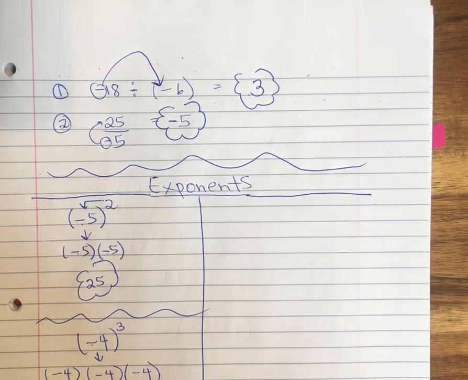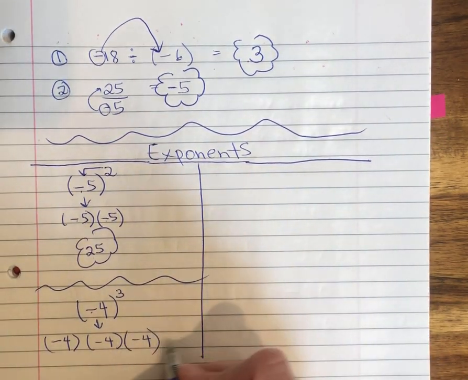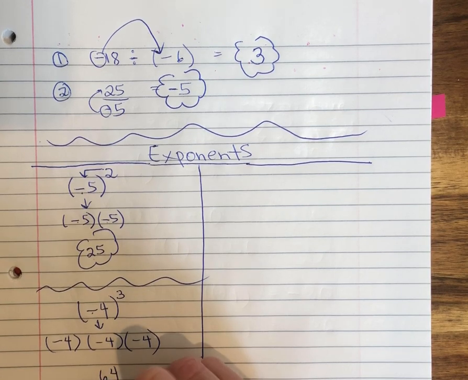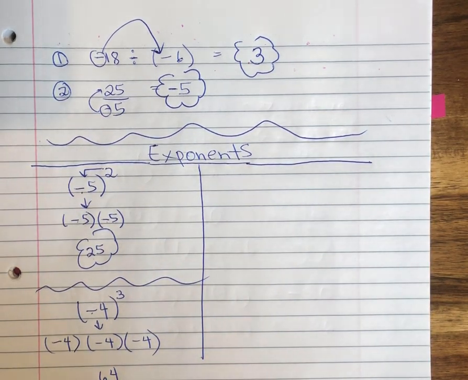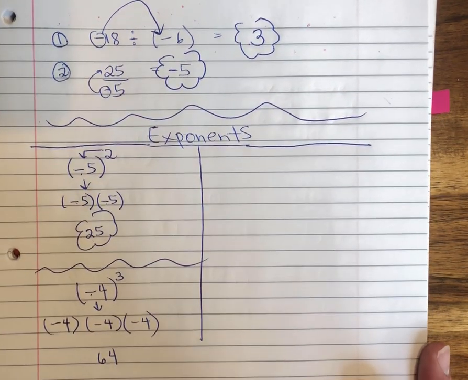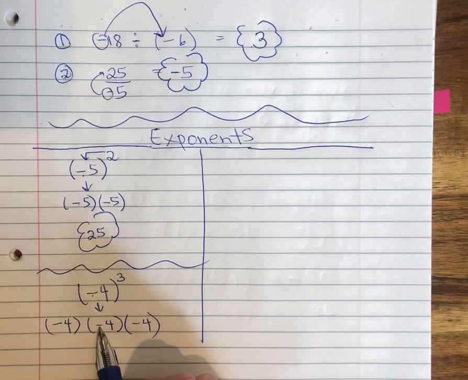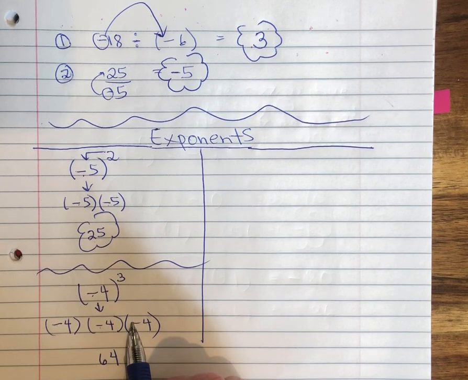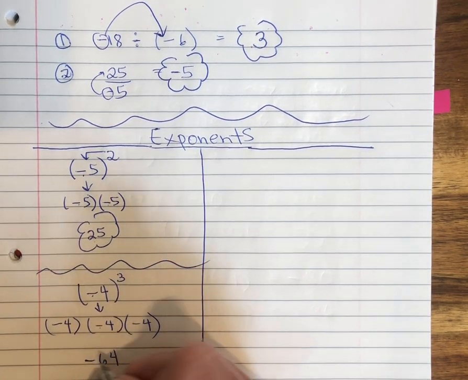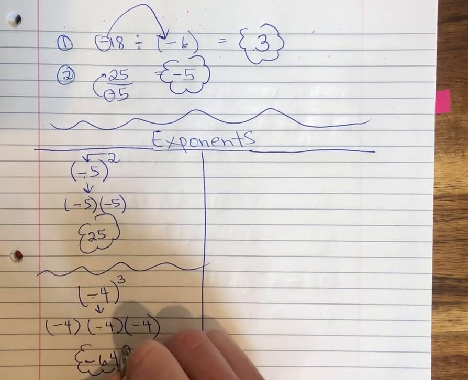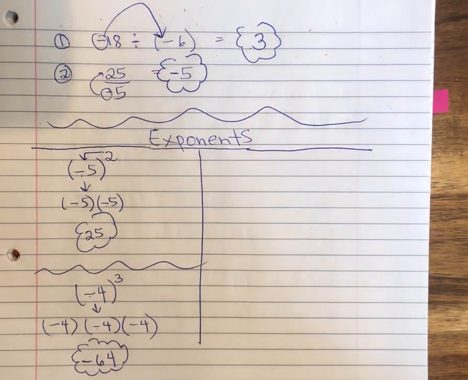If we multiply 4 times 4 times 4, we get a product of 64. Let's determine the sign. The opposite of a negative is a positive, and the opposite of a positive is a negative. Are you catching on to a pattern yet?